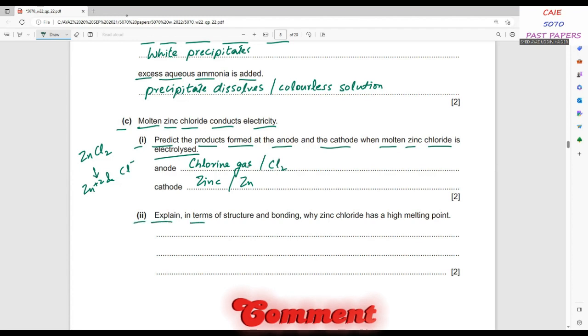Number 2, explain in terms of structure and bonding why zinc chloride has a high melting point. So you have to refer the structure.